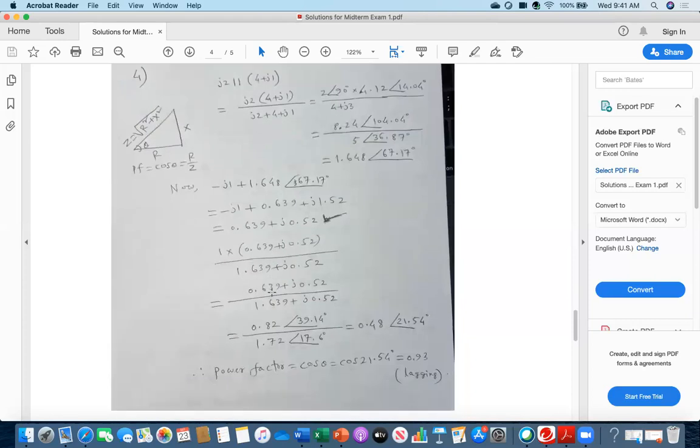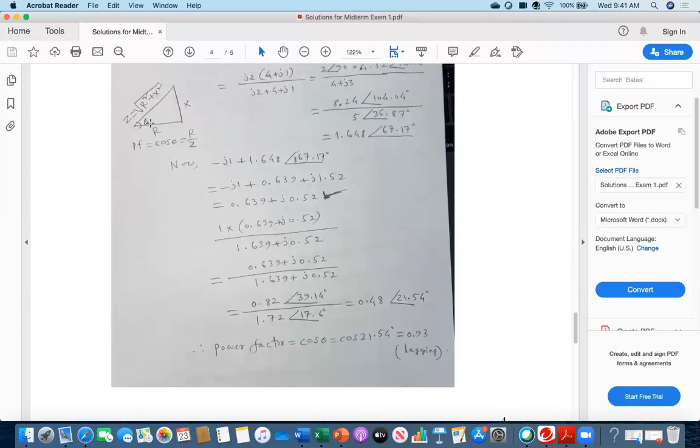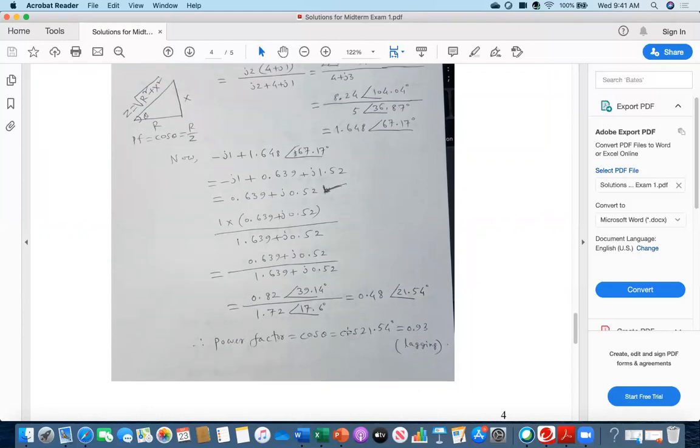Ultimately I got 0.48 at an angle of 21.54 degrees. This is the theta that is representing. Then take its cosine theta. That is the power factor.